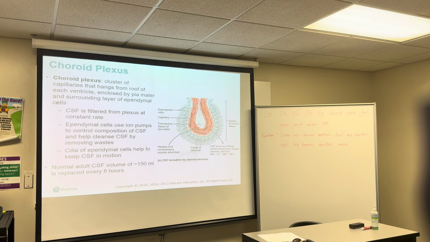As you can see in the ependymal cell, they have the cilia. What is the function of cilia? To move things along, right? So now after you are filtering the cerebrospinal fluid from the blood, you are circulating it with this cilia along the surface of the ventricles. Okay.